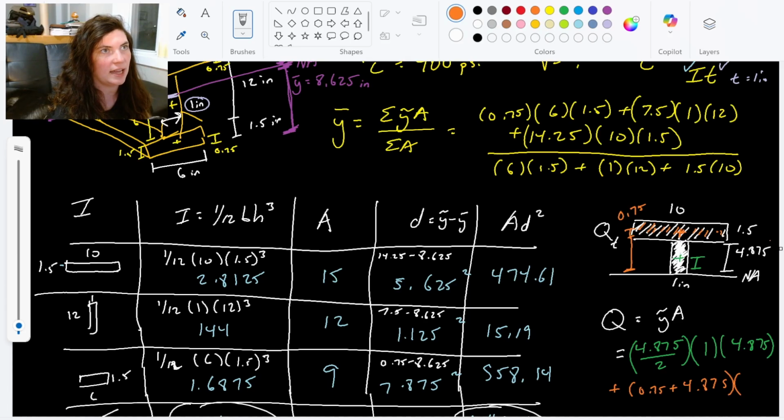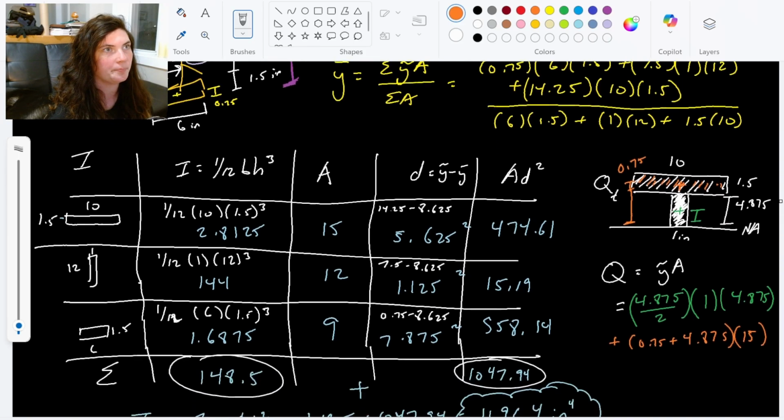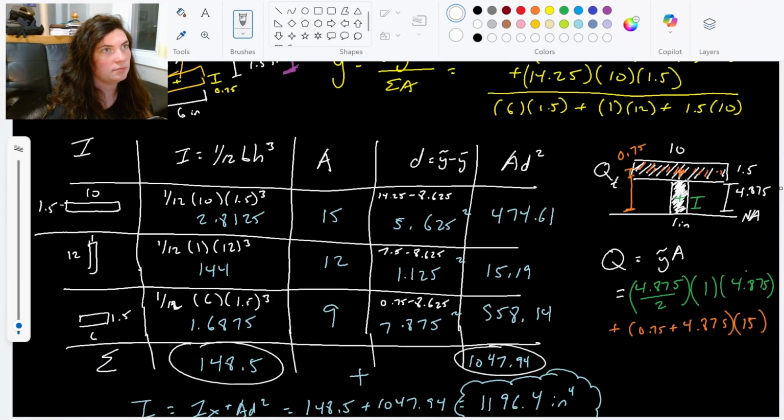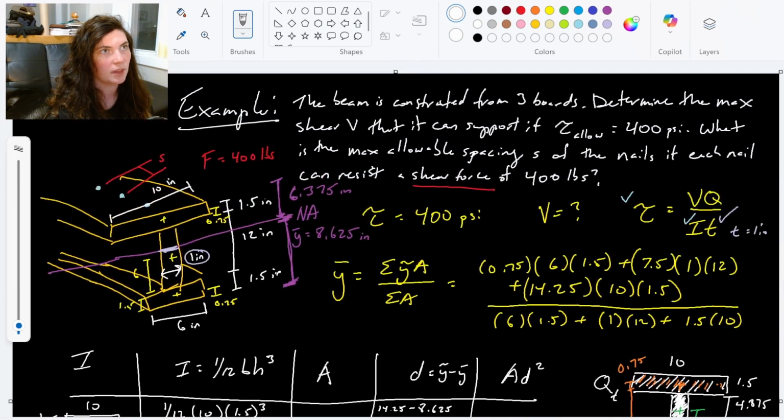So times 10 times 1.5, and I'm a little bit out of room, so I'm just going to write 15. 10 times 1.5 is 15, that's the area. Plug all of this into my calculator to get this Q value of 96.26, and everything was in inches, so it works out to be inches cubed. Whew, there we go. We've got Q.